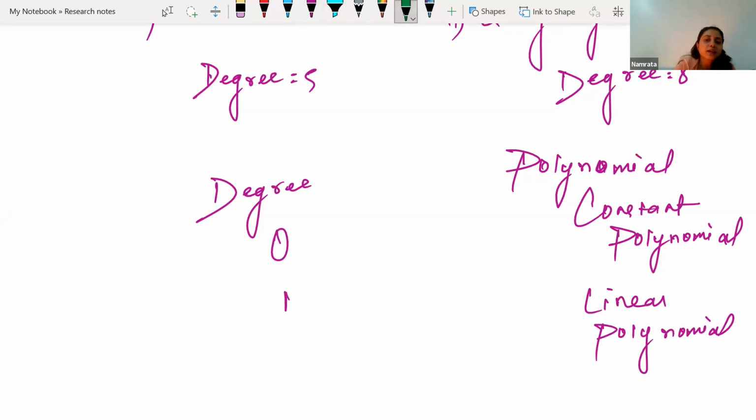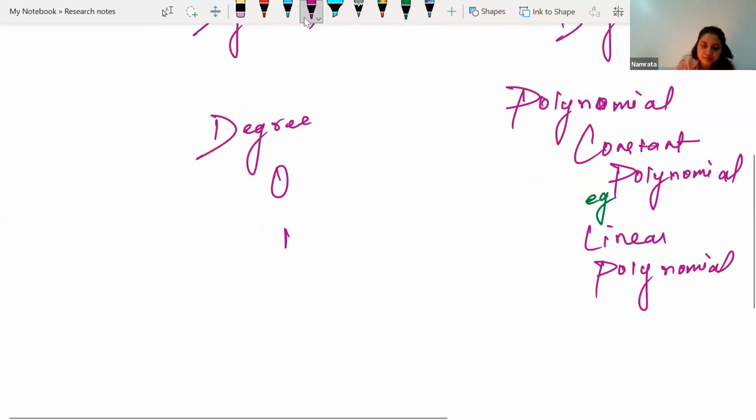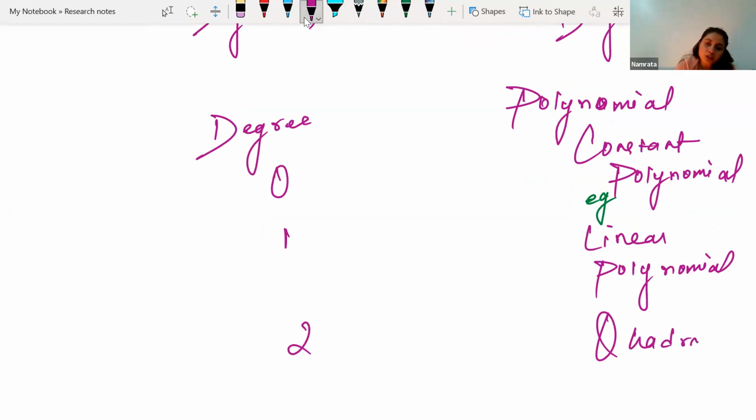And can anyone say what will be the example for the degree 0 or constant polynomial? Any example? When the degree is 2, it's called quadratic polynomial.